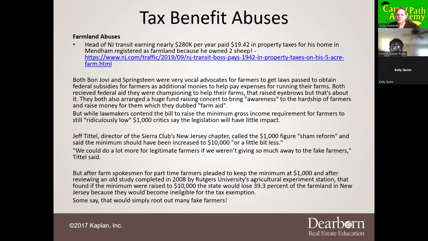Oh, so they just gave us an exact figure of how many fake farms there are. 39.3% of the farms in New Jersey are these fake farmers, because they don't gross at least $10,000 a year. If that's your business and you're a legit farmer, $10,000 a year is ridiculous to gross. That doesn't even pay one person's salary, let alone bills.